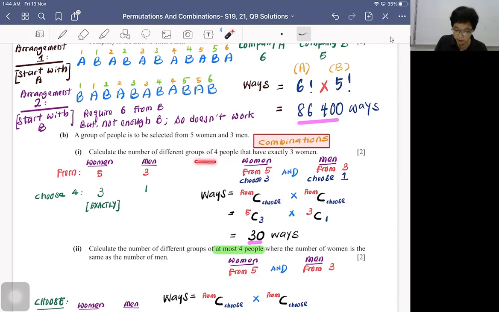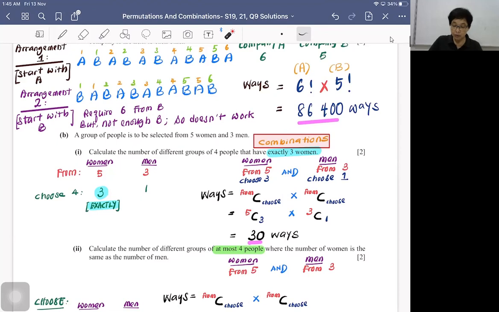From the four people, you are supposed to make it exactly 3 women. Okay, so now here is your condition. You need to make it exactly 3 women, and that means from the 5 women, you're going to choose 3 from the 5.